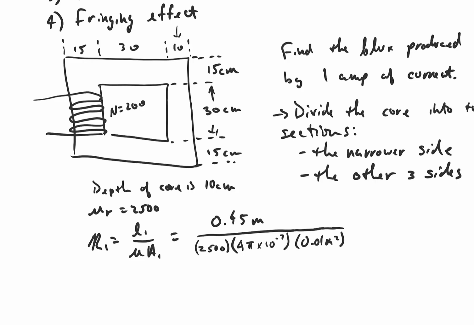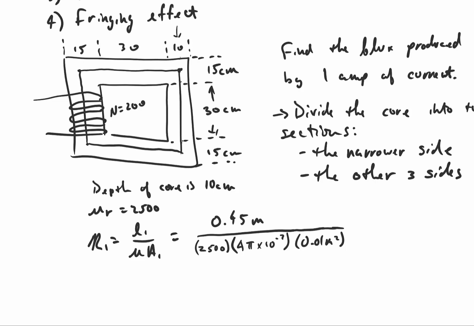Now, just a quick word about how we get this number 0.45. If we think about the mean path, going from here to here to here to here and here, then this point here is halfway, half of 15, so I'm getting 7.5 there.